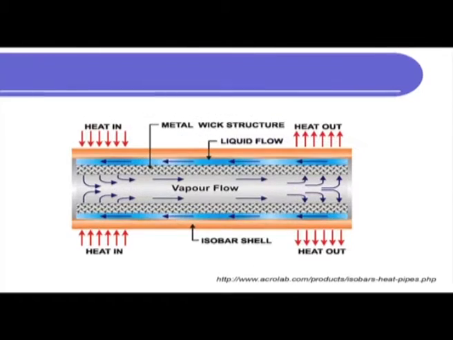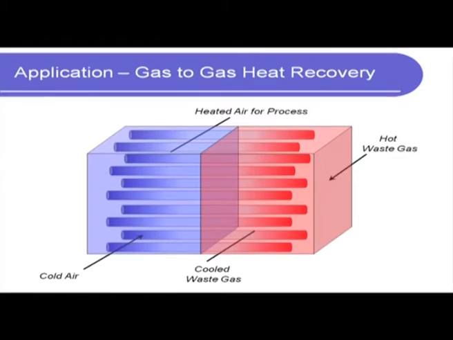Let us look at one of these applications, which is called gas to gas heat recovery. This is where the schematic is shown. Let us think about it as two chambers. On one hand you have hot waste gas coming in, and on the other section, which may or may not be directly connected and can be remotely located, you have cool air which we want to heat up, and that heated air can be used either for room heating or for any other process.